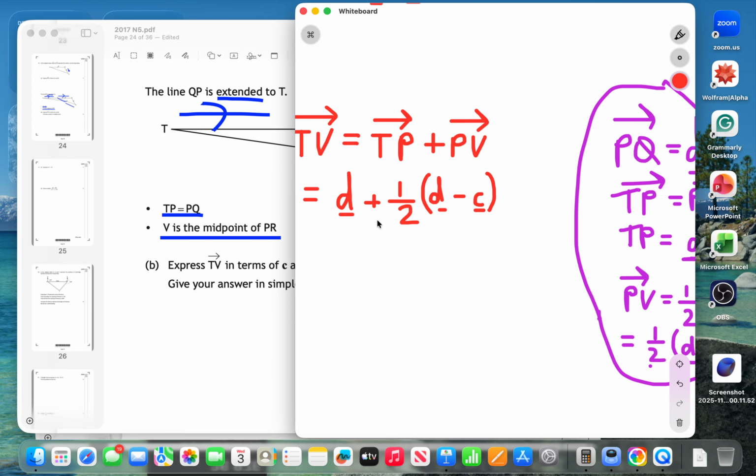We just expand the brackets a bit like with algebra. Not much difference. So 1/2 times D, that's 1/2 of D. 1/2 minus, that's minus 1/2 of C. Collecting, we can call these, so to speak, like terms.